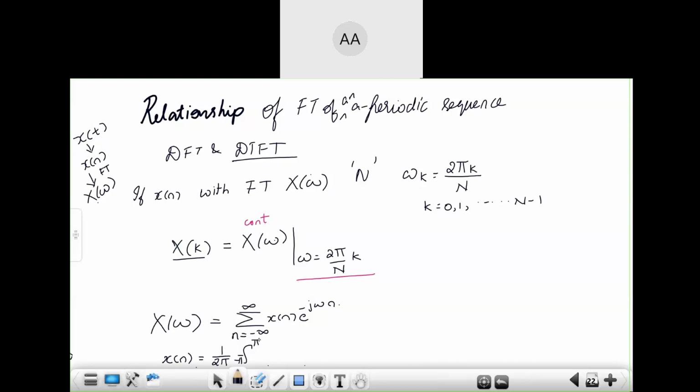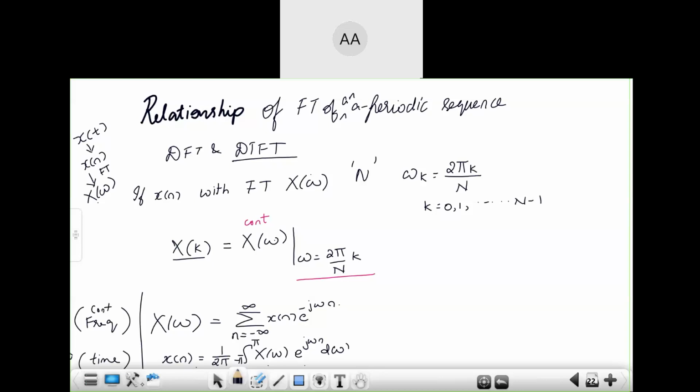So you consider the range minus pi to pi, x of omega e power j omega n d omega. This is your discrete time signal, your time domain signal. This is your continuous frequency domain signal. You can write it in brackets on the side, just for your understanding.